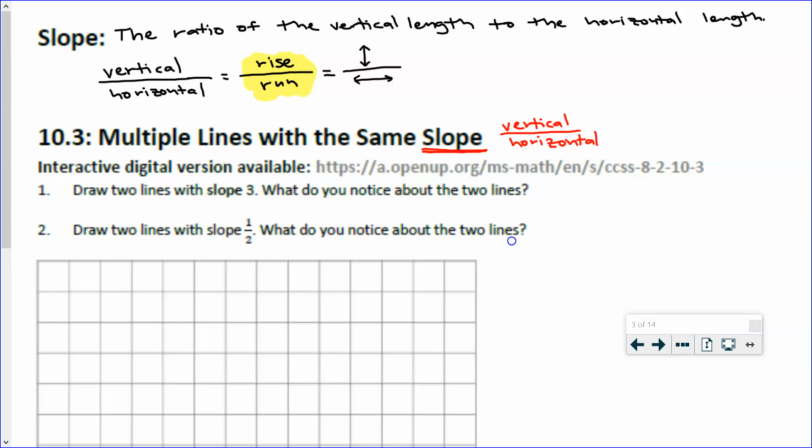It says slope of 1/2, so we have a fraction already, and slope, as I remember, is the vertical over the horizontal. So having a fraction is incredibly helpful because I can now see that the vertical is 1 and the horizontal is 2. Having it already set up as a fraction makes this so much easier.